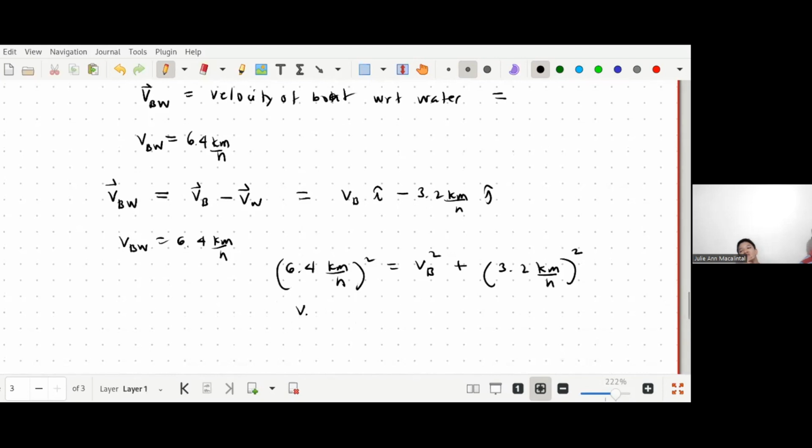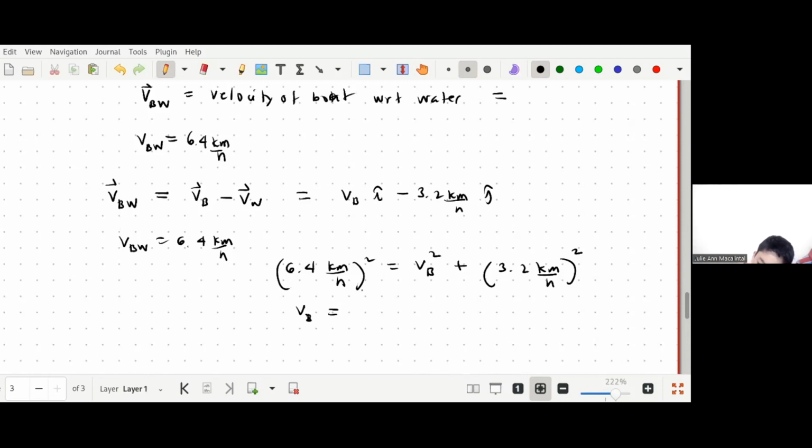So the speed of the boat is going to be the square root of 6.4 squared minus 3.2 squared.